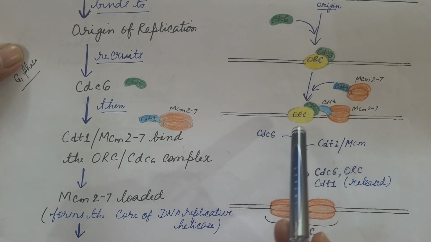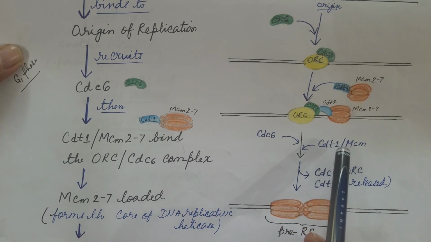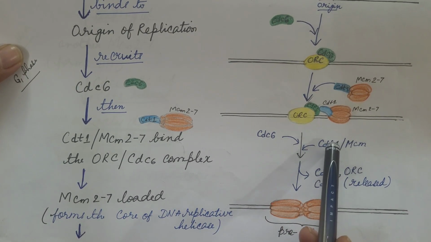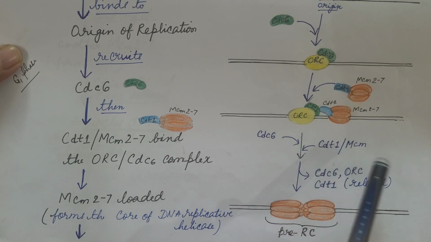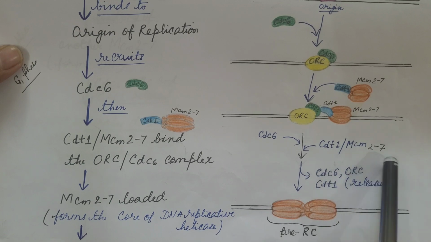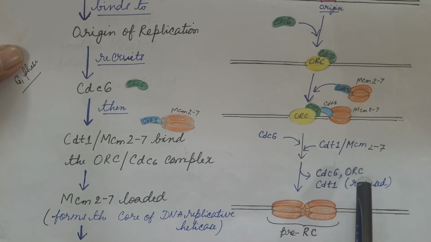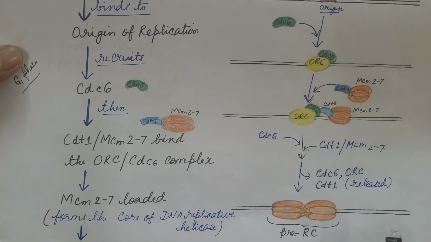Again ORC recruits another CDC6 protein, and then CDT1 and MCM come and bind to this ORC-CDC6 complex. The same process is repeated. MCM2-7 is loaded and CDC6, ORC and CDT1 are released.